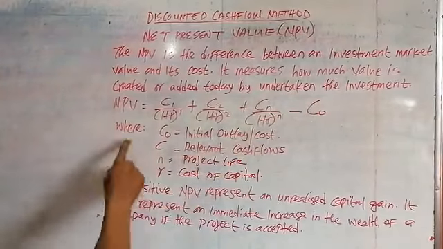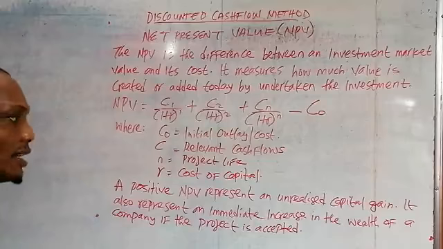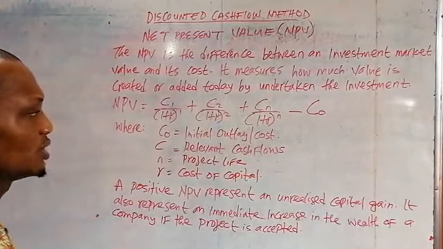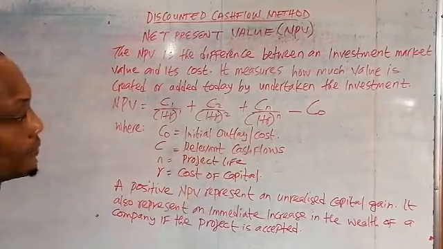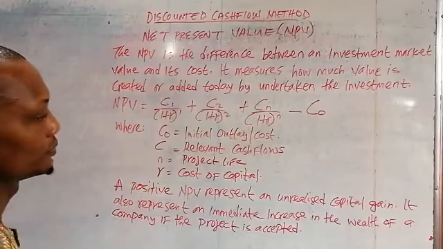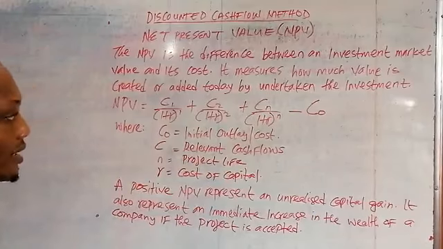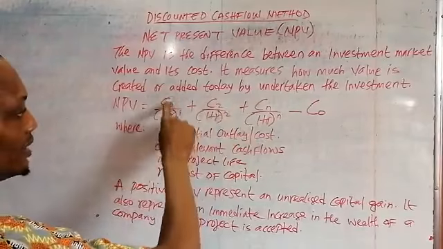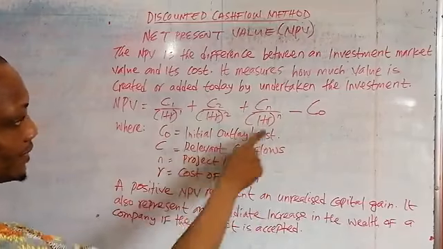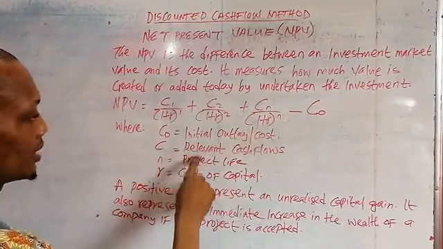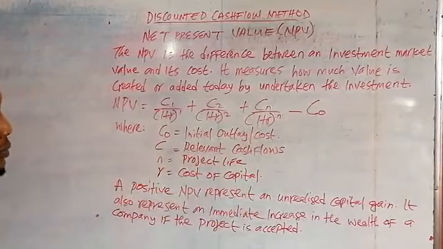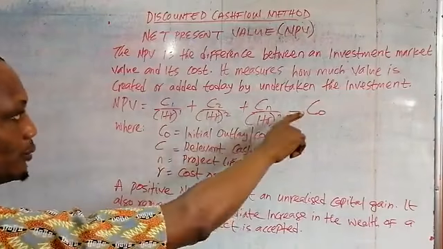As simple as that. Where C0 is the initial outlay or cost. The initial cost you incur on such an investment is your initial outlay. C is the relevant cash flows, so this C is the relevant cash flow for year 1, relevant cash flow for year 2, and on and on like that. N, the end we have here, is the project life.